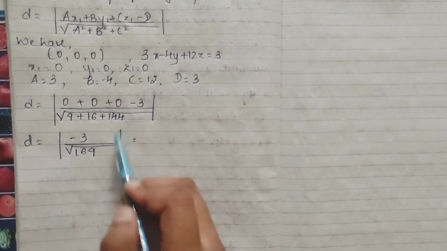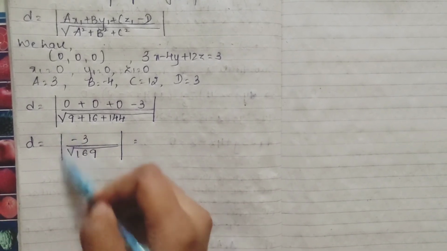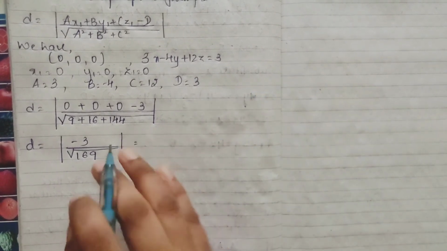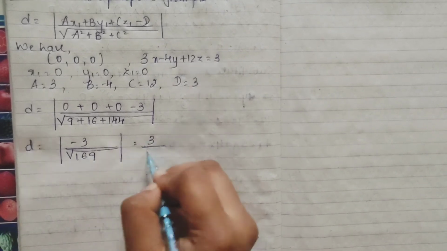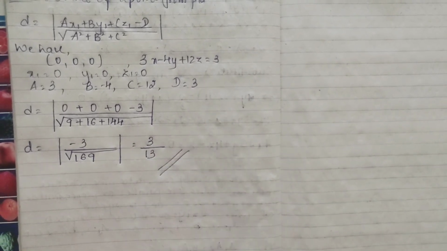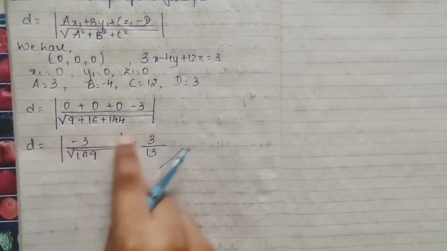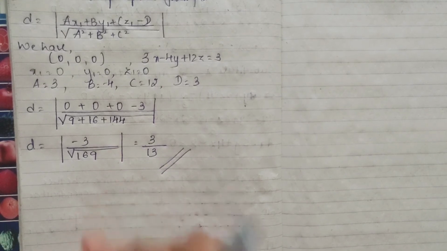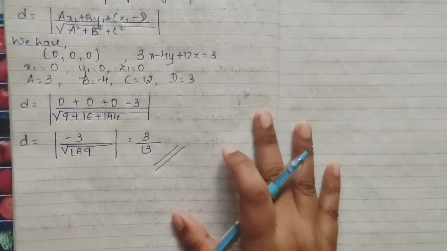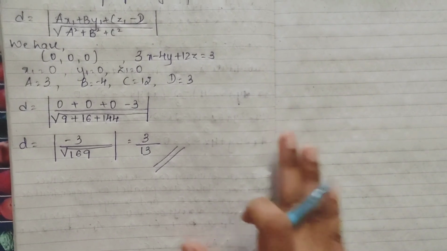It is modulus, not determinant, and in modulus, if it is negative, it becomes positive. Root 169 is 13. So your distance is never negative. Whenever they give the modulus sign, it is always positive. So d is equal to 3 by 13. I hope it is clear how you have to do it.